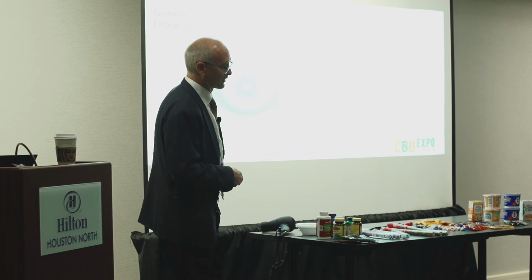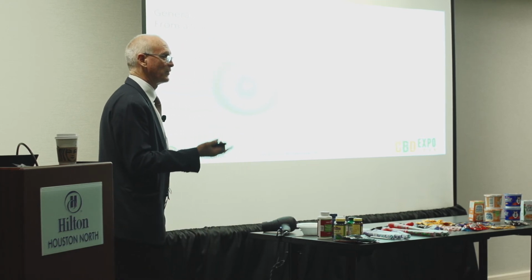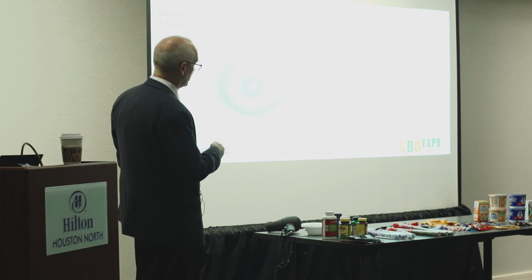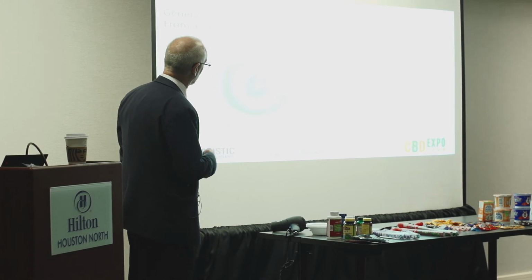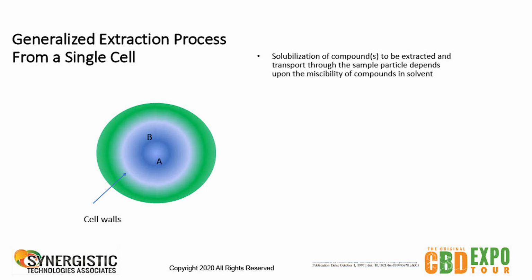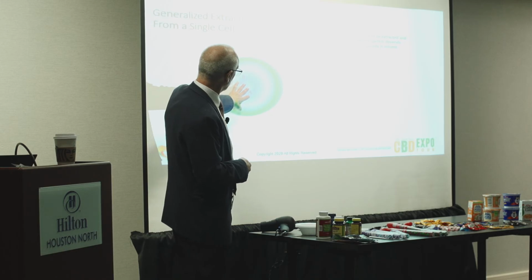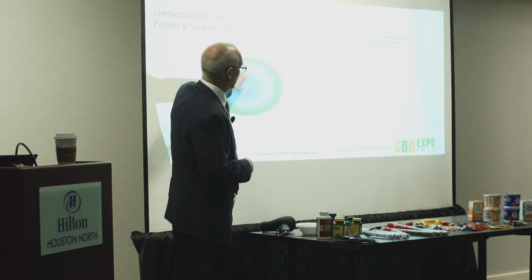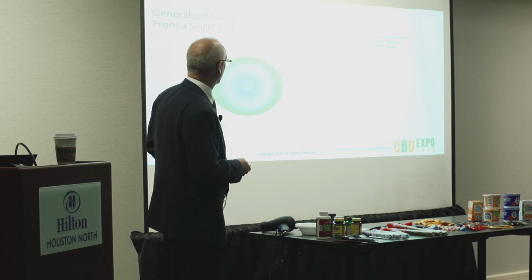Let's talk about extraction, because extraction is what you're doing when you're doing any quantitative work. Now you have a cell, and you have a cell wall that a solvent goes through, and that's what every laboratory is doing. My A and B are the two things that I want to take out of this cell.